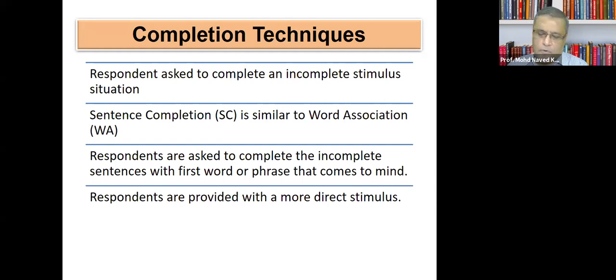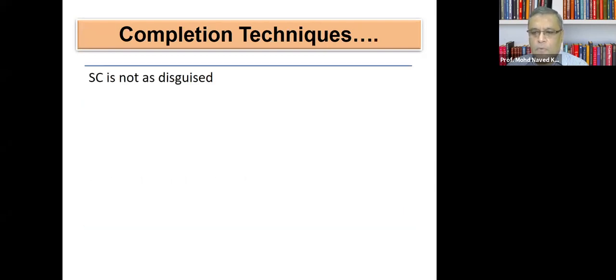And of course, I think we all will agree that the information emerging from the subjects will be more rich in this case. This is not as disguised, though of course it falls under that category, because the moment we ask somebody to complete a sentence, the initial part of the sentence is such that intelligent respondents are able to make out what it is all about.